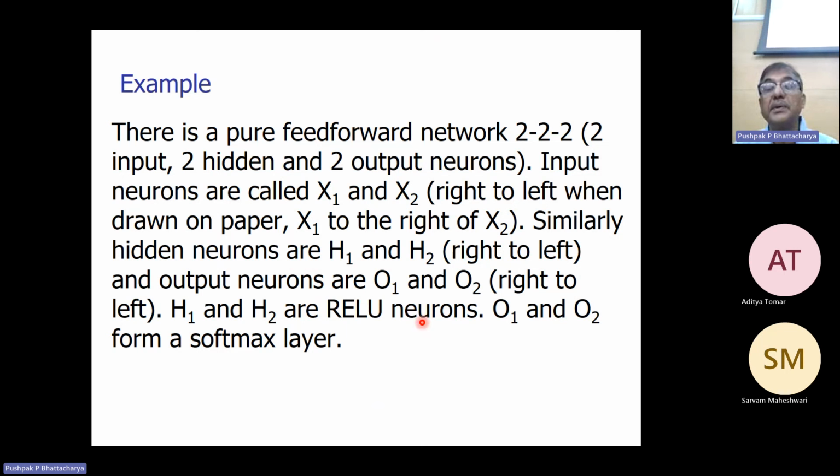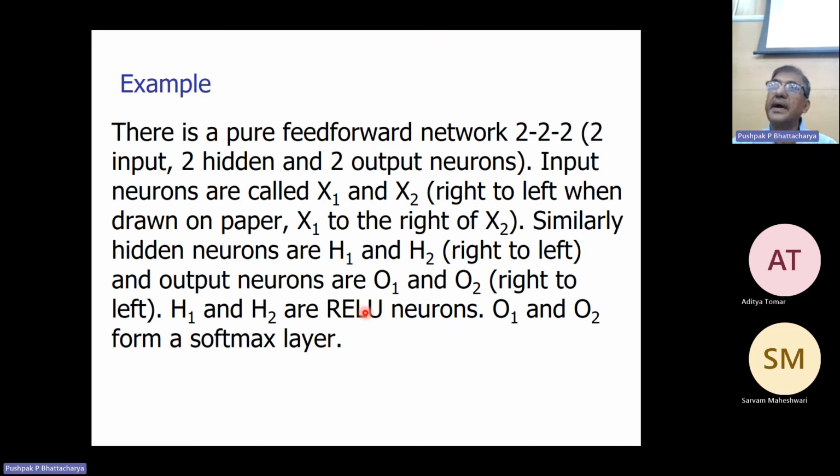H1 and H2 are ReLU neurons. O1 and O2 form a Softmax layer. The ReLU function, let me define it later. Let us just understand that ReLU neurons have gradient 1 going from 0, and before 0, it is a flat line. So there is a knee at 0.